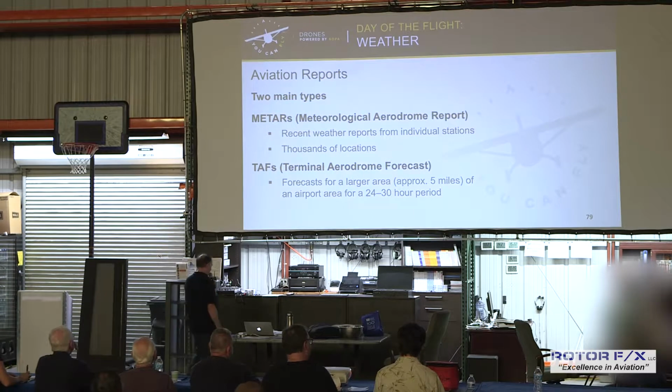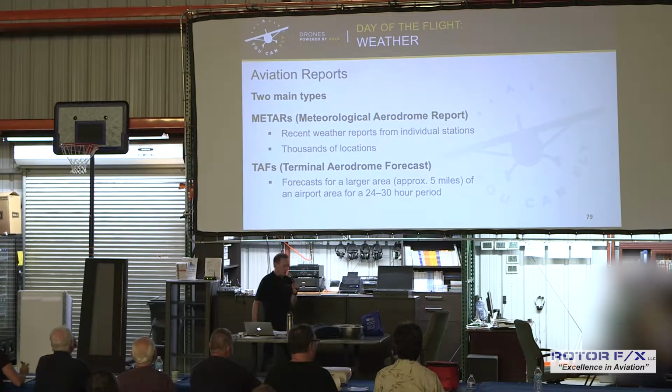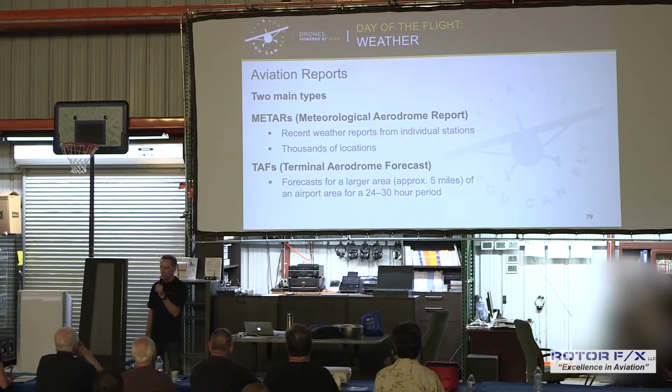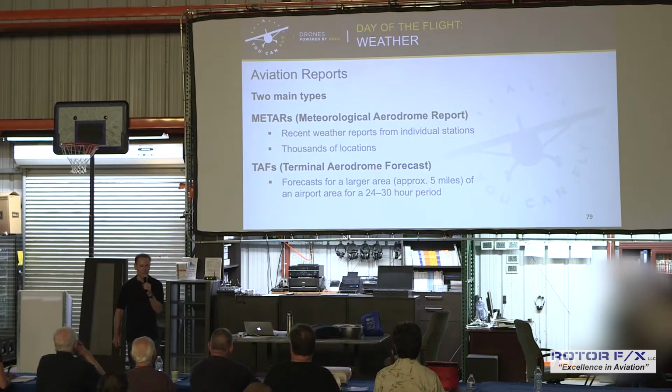So there are two types of weather reports. There's the METAR, which stands for Meteorological Aerodrome Report, and that's exactly what the name implies. It's a report about the current conditions. The other one is a TAF, which stands for Terminal Area Forecast. And as the name implies, that's a forecast for a specific airport area.